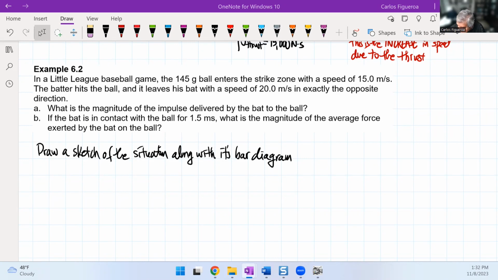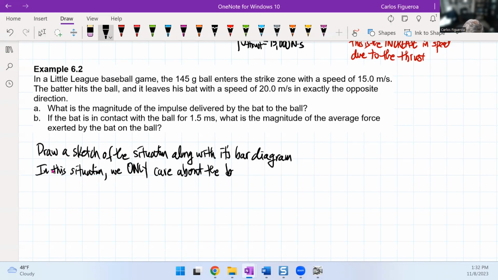So note that in this situation, we only care about the ball, not the bat. But the bat is part of the question.